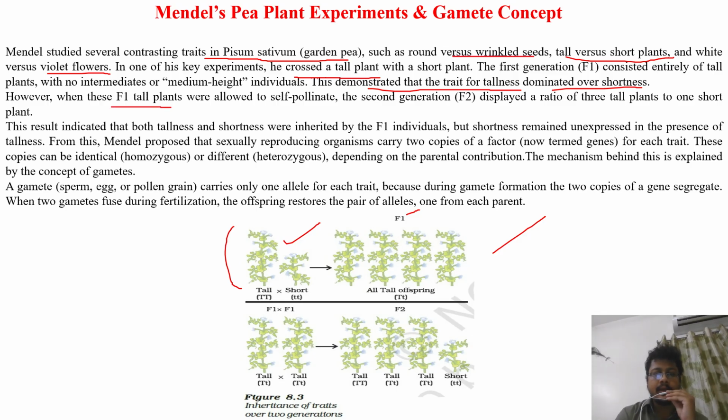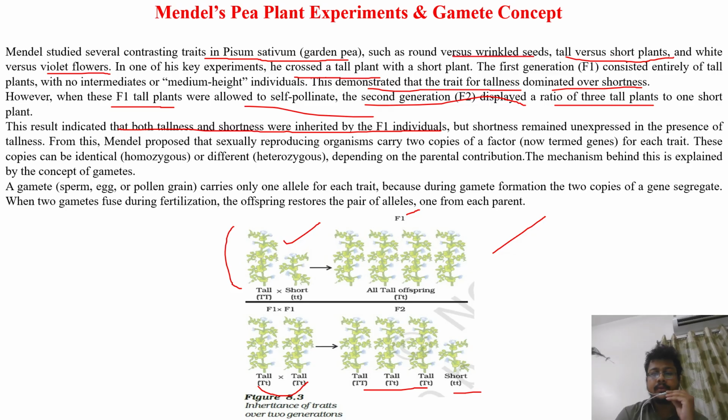However, when the F1 tall plants were allowed to self-pollinate, they are crossed among themselves. The second generation, which is the F2 generation, displayed a ratio of 3 tall plants to 1 short plant. This result indicated that both tallness and shortness were inherited by the F1 individual.